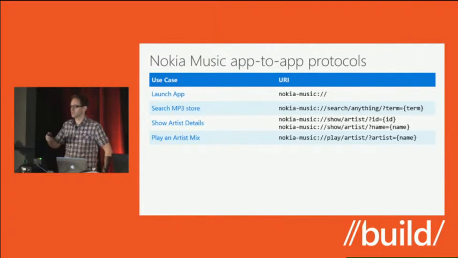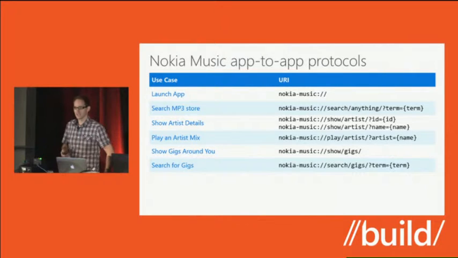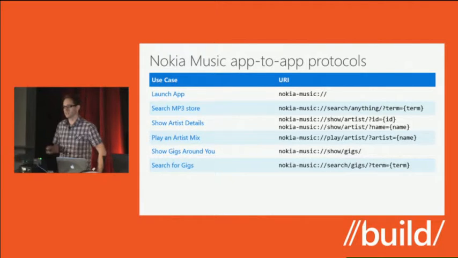You can show artist details and start an artist mix. So where I was showing you the create section of the app, you can actually call this from your app and start a mix playback. Next thing you can do is show the gigs page, which I was demoing just now, and also search for gigs. So if you wanted to deep link into our app, searching for a particular band that you like, you can go ahead and do that.